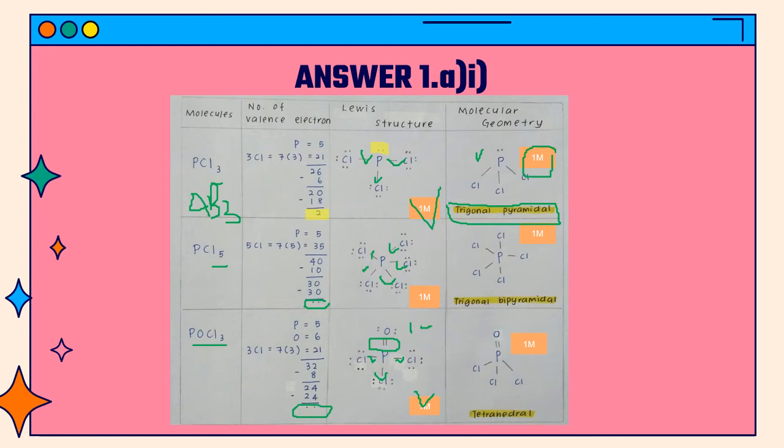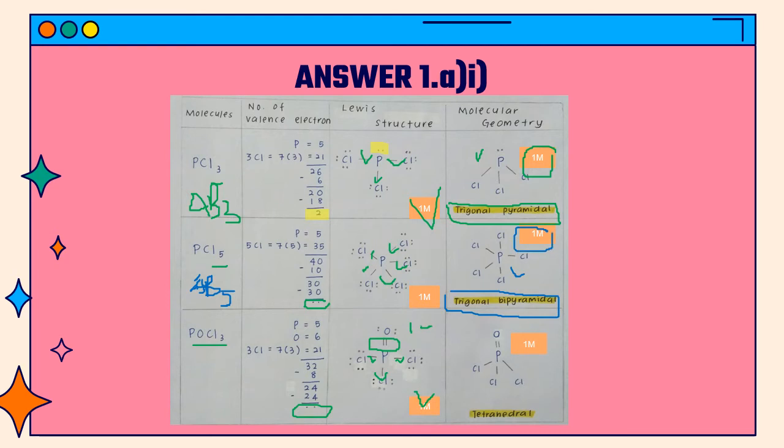For PCl5, it is AB5. So the name for AB5 is trigonal bipyramidal. So this is the shape, so we get 1 mark.